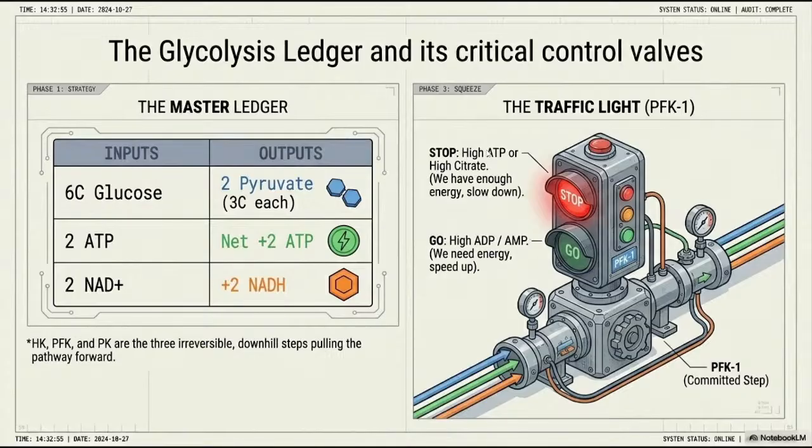Anytime the traffic light is showing stop, that is the red light, that is telling you that you already have high ATP. You have in excess high ATP and high T3. That means we have enough energy, so you have to slow down. When you have enough energy, you are already overloaded. That means the vehicle is going to be slowed down.